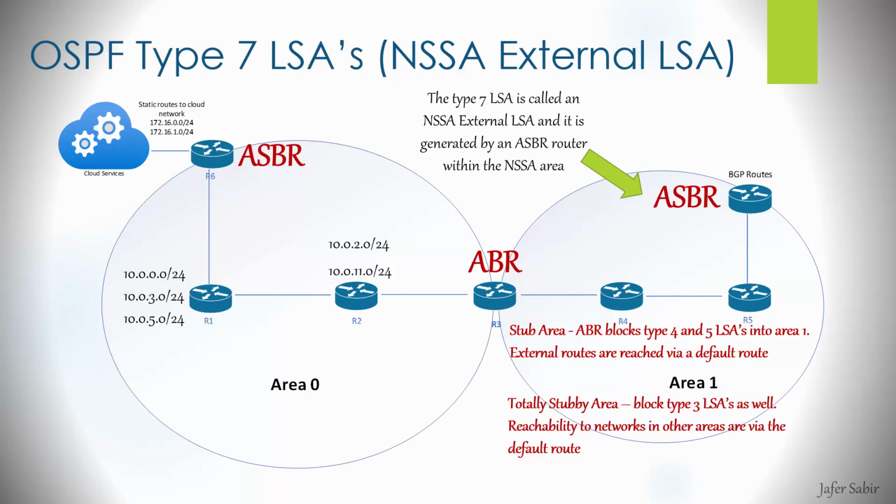It lets you redistribute them into the area as Type 7 and right through the area to reach other areas. But to reach the other areas, it becomes a Type 5 LSA once it reaches the other side of the ABR router. From the image here, it's Type 7 LSA as the router is blocking Type 5 LSAs here. So it needs to be sent via a Type 7 LSA, I've called it T7, but once it reaches the other side, it becomes a Type 5 LSA again.